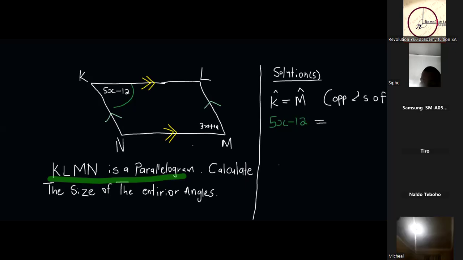When you solve for x, remember we pair like terms. Like terms are terms which look alike, the terms that carry the same variable. The one that has x, I'm going to pair with the one that has x. So that's going to be 5x, and then that 3x I'm going to transpose to the other side, and it changes the sign to become minus 3x.